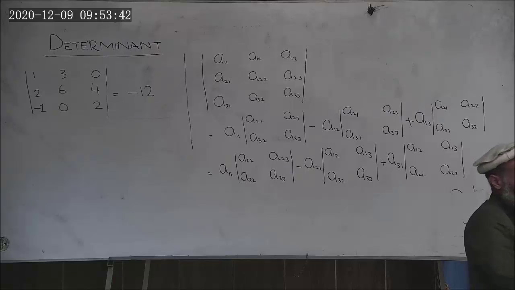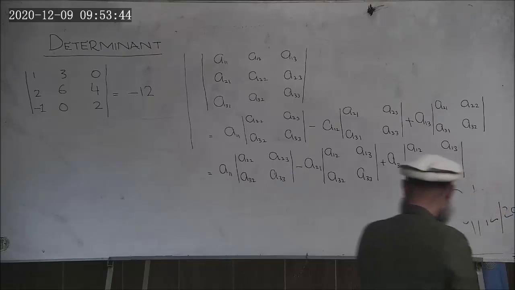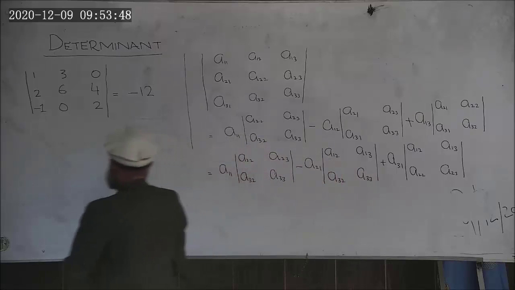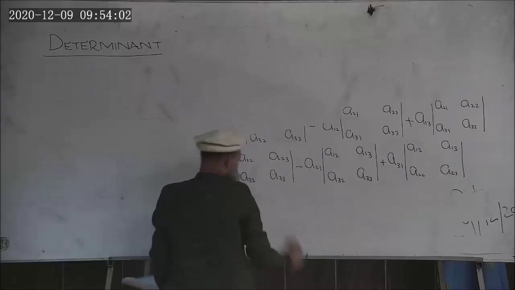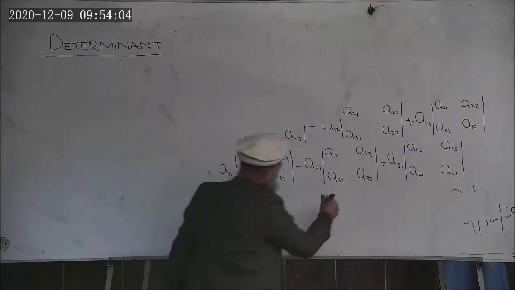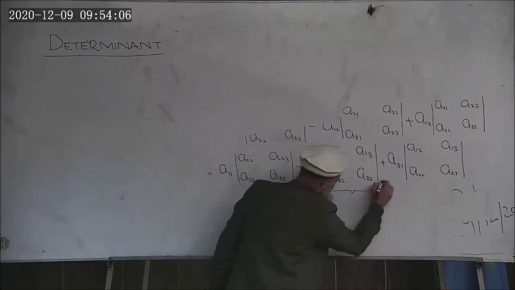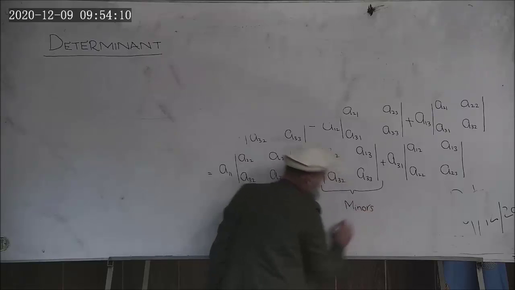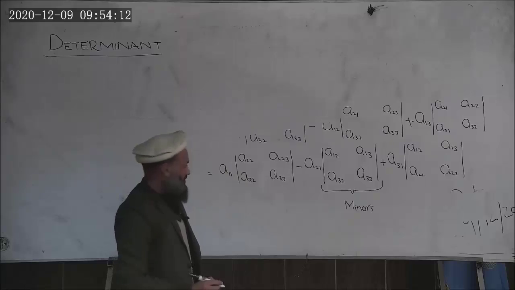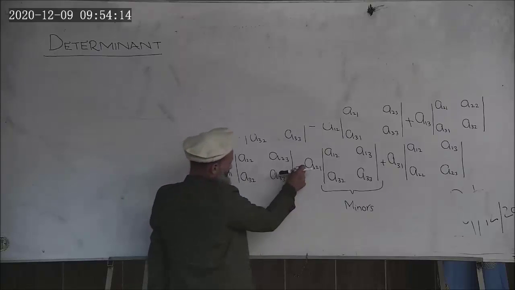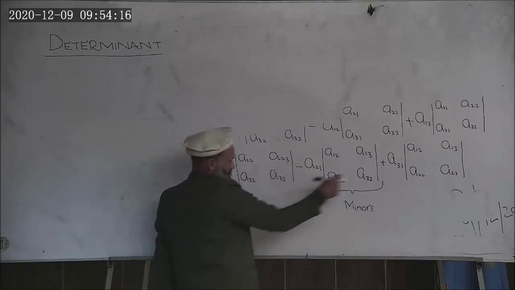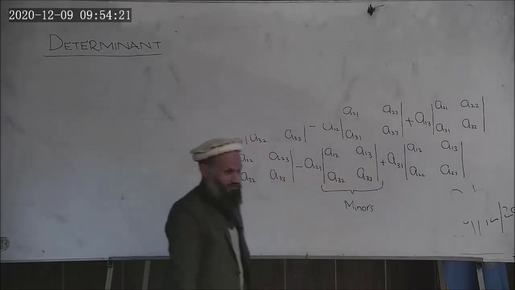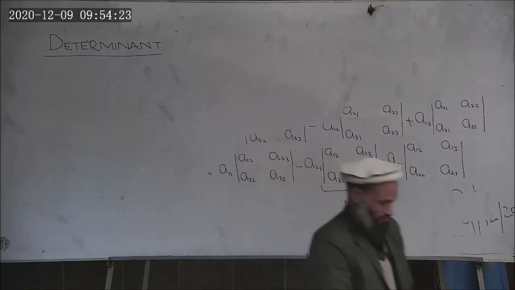In general, if you have an n by n matrix, then what is the determinant of that matrix? These things over here are also named as minors, and if you append this sign also, here a positive sign, negative sign, positive sign, then these are called cofactors.